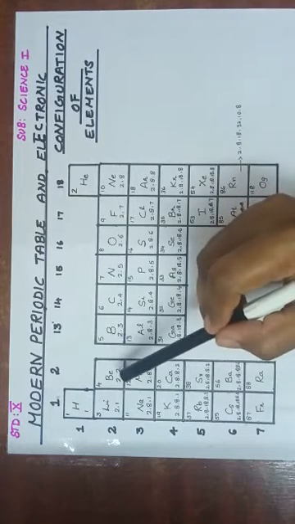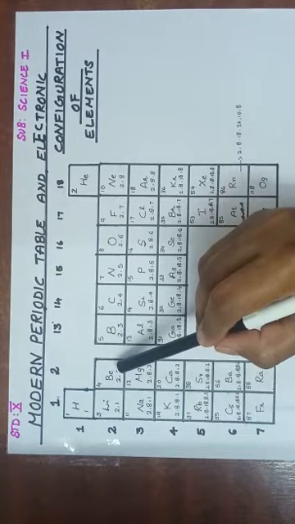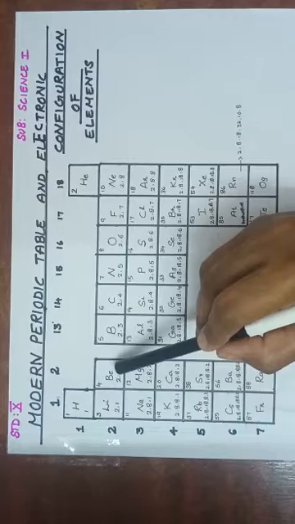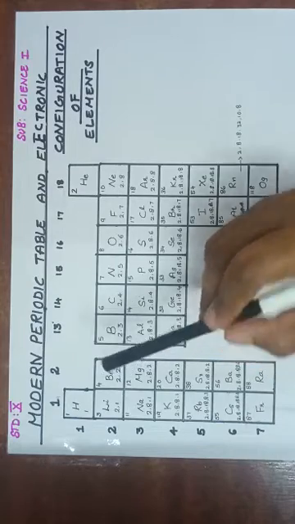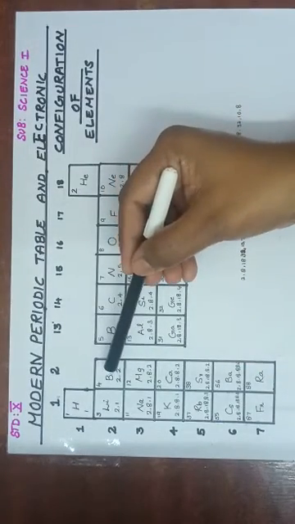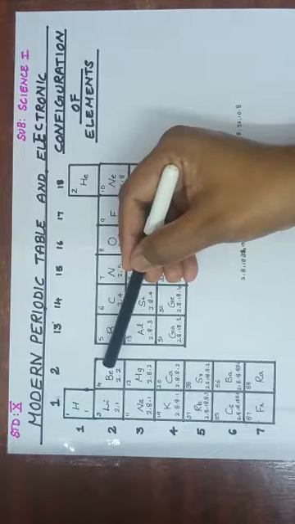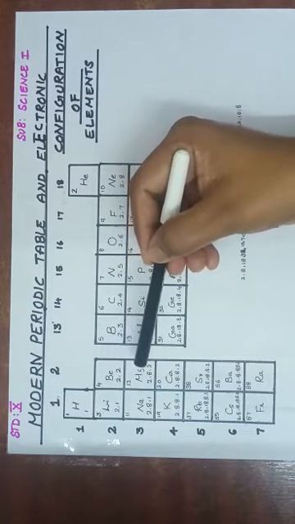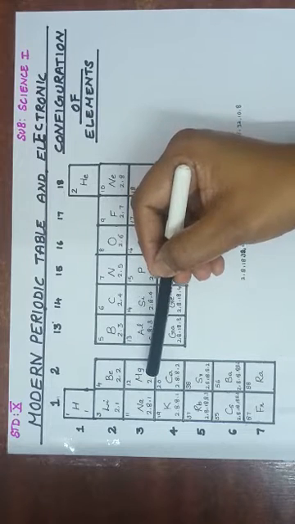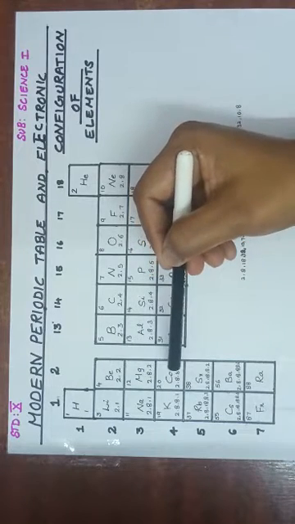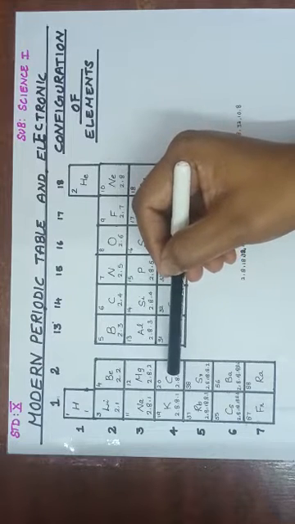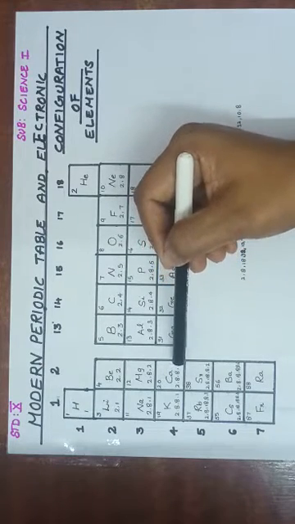Now what do you mean by electronic configuration? Electronic configuration is nothing but the arrangement of electrons in the particular shells. You can see here beryllium, its electronic configuration is 2, 2. Then the next element in the group, it is 2, 8, 2. The third element in the second group is calcium, and its electronic configuration is 2, 8, 8, 2.